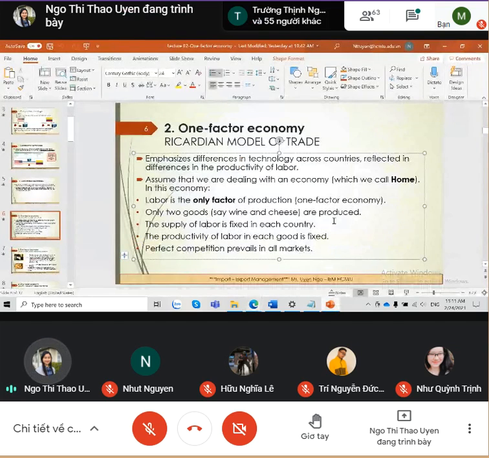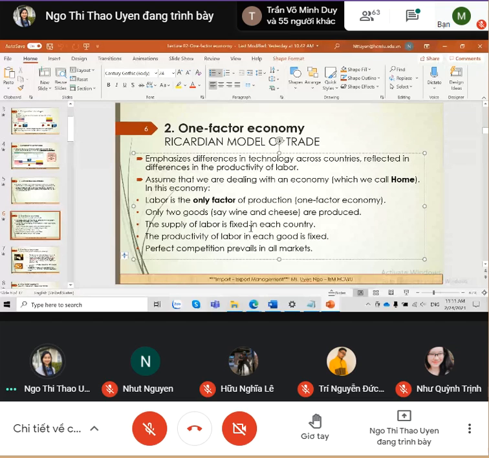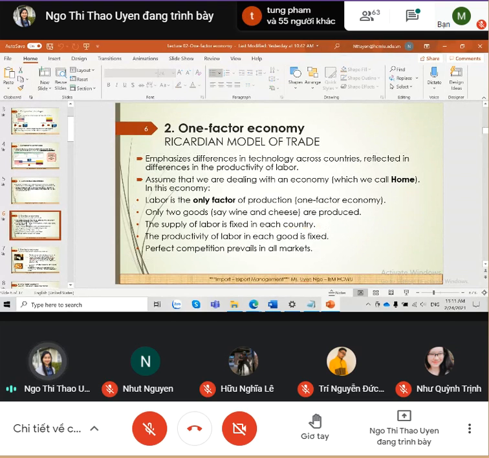So for simplicity, Ricardo assumed that it is fixed, and productivity of labor in each good is fixed as well. Productivity of labor, how productive the worker is in producing something, is fixed, and perfect competition is assumed.